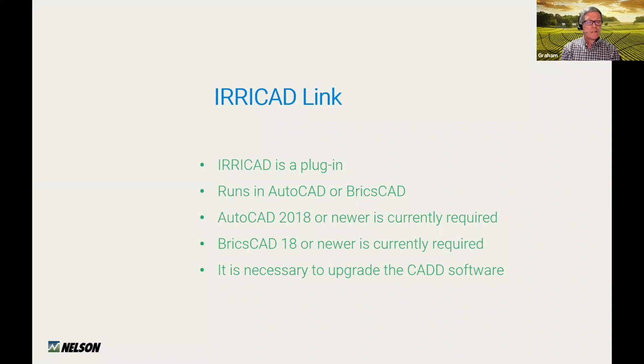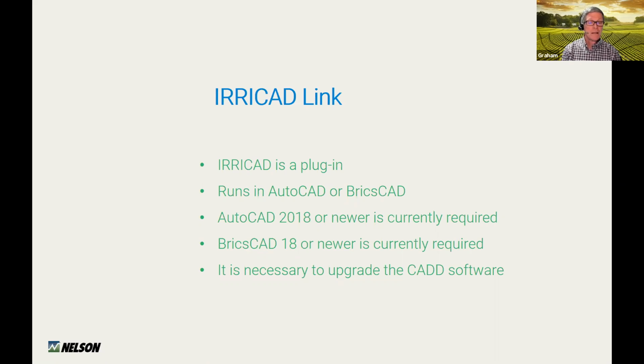So Link is a plugin. It does run inside of AutoCAD or BricsCAD. They are the only two options. And it's necessary to have your own license. AutoCAD or BricsCAD does not come with IRRICAD Link. You need AutoCAD 2018 or newer, or you need BricsCAD version 18 or newer.